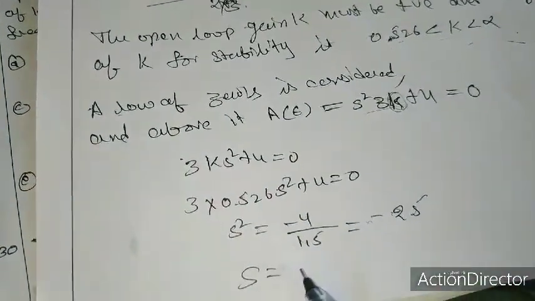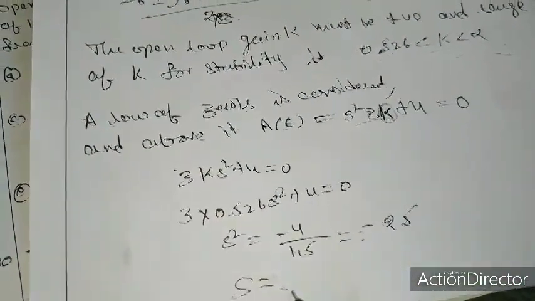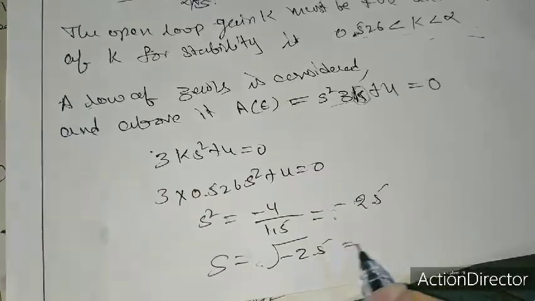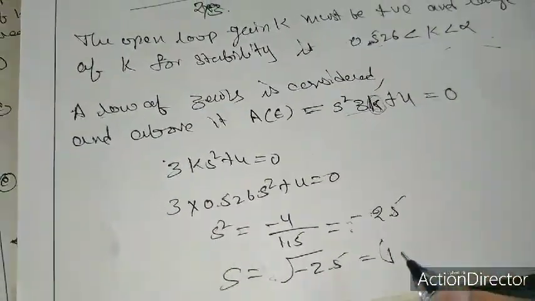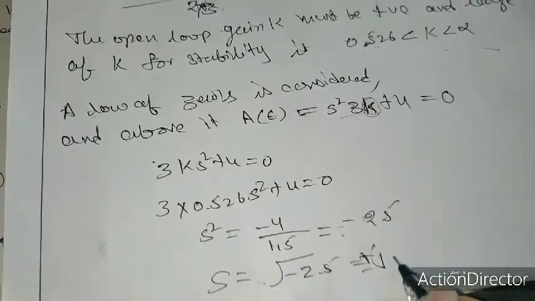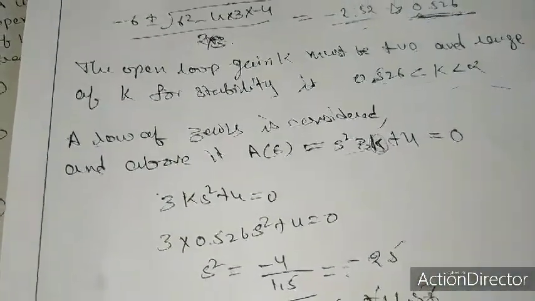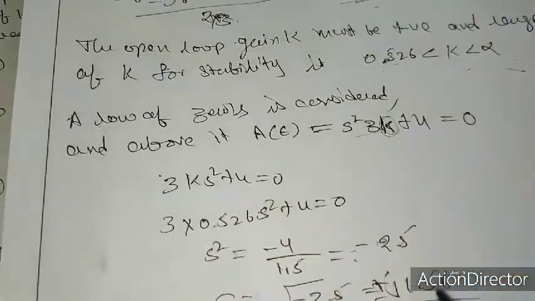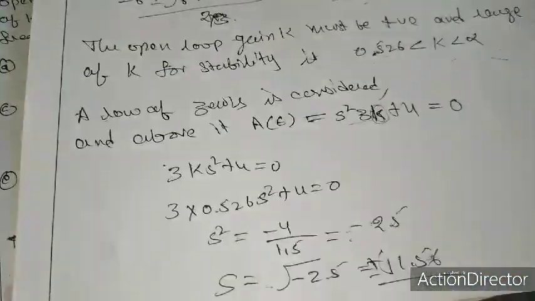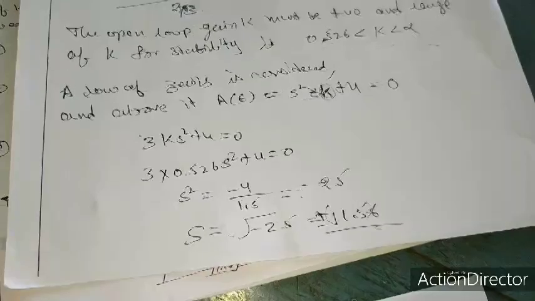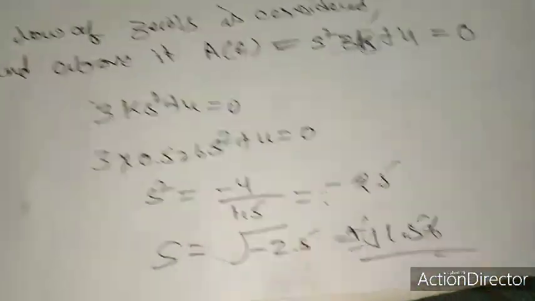So s equals root of minus 2.5, that is, I'll get plus or minus j 1.56. So this is the frequency of oscillations. The frequency of oscillation is 1.56, which is the frequency of oscillations when the system is marginally stable.